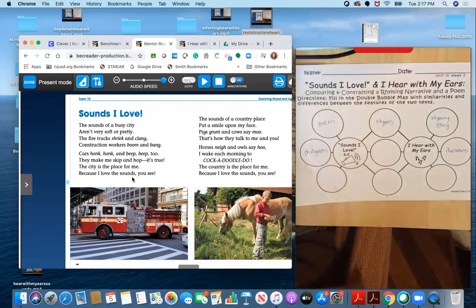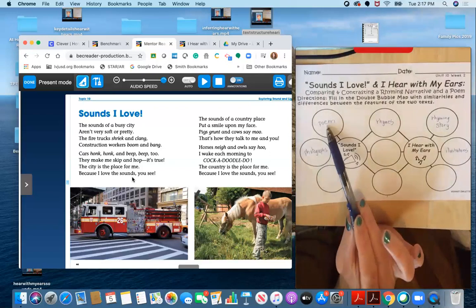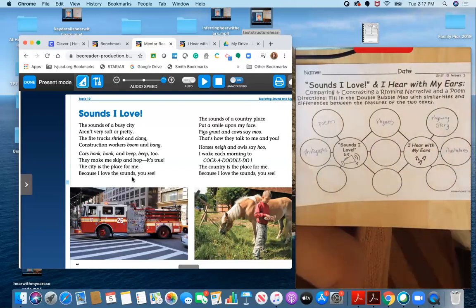Okay. Now let's think about the structure of the text. We talked about the genre, how one was a poem and one was a rhyming story. But one way that they both had something in common was that they were using compare and contrast in the structure of the text.